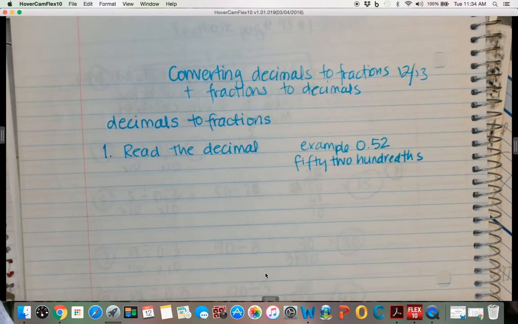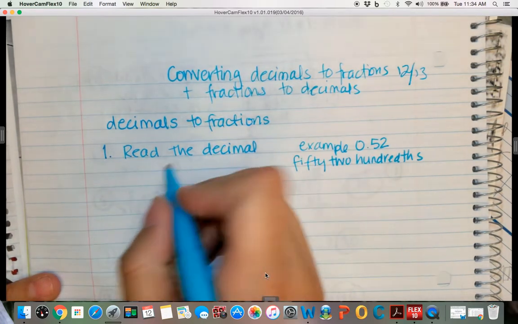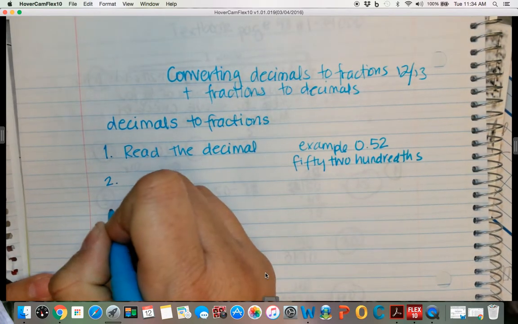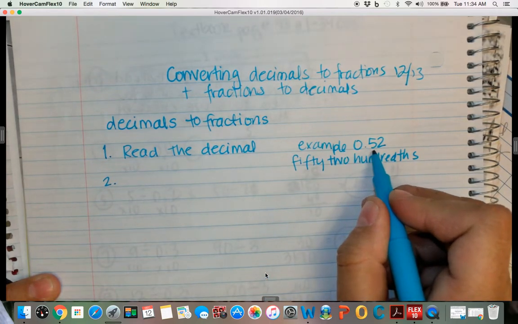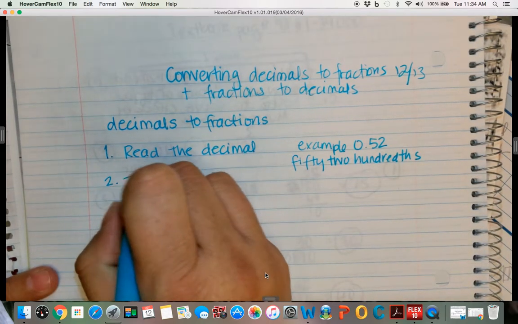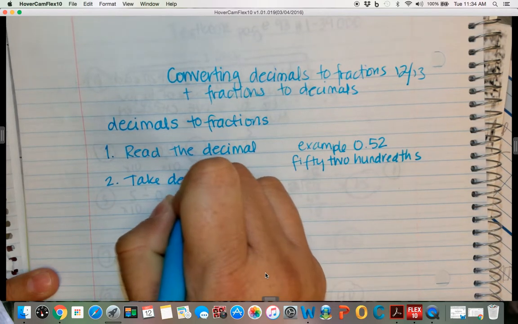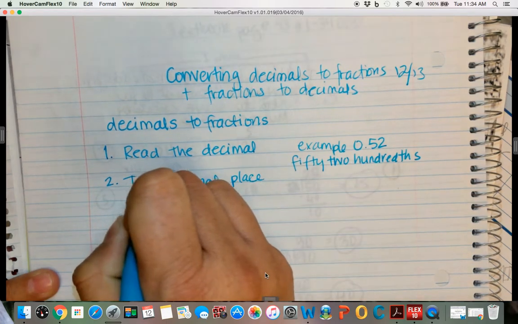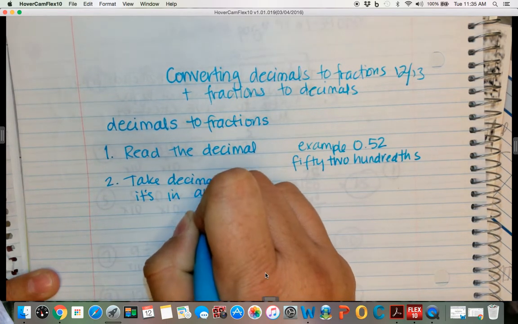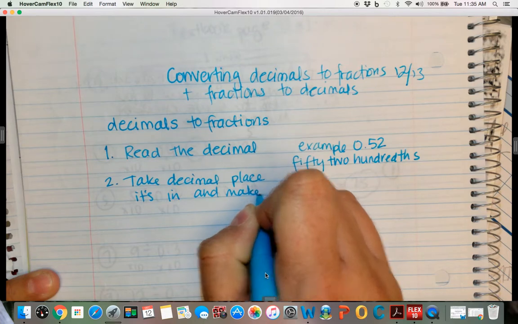And what that means is that you can easily write it by taking the decimal place that it's in and make it the denominator.